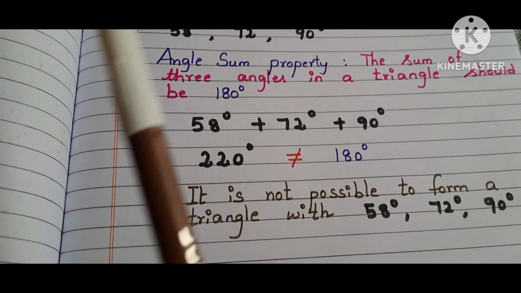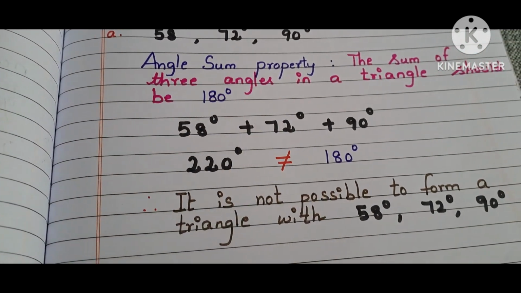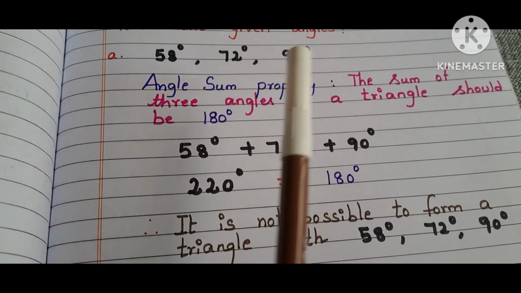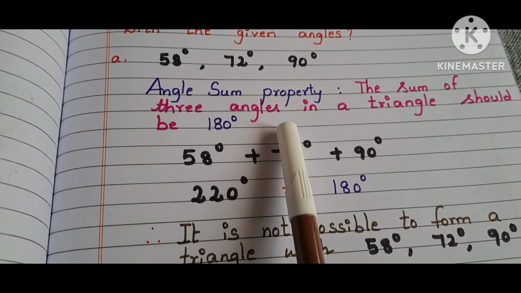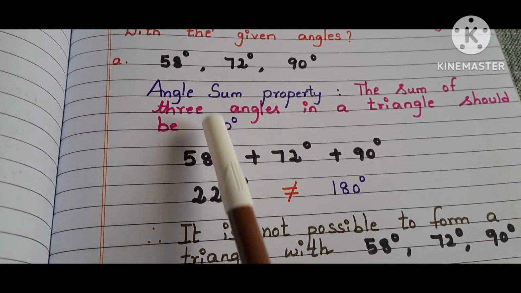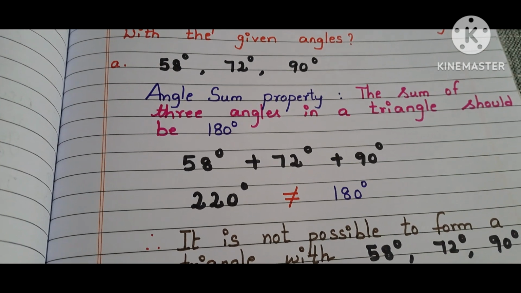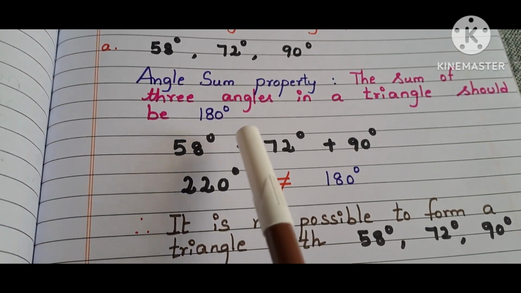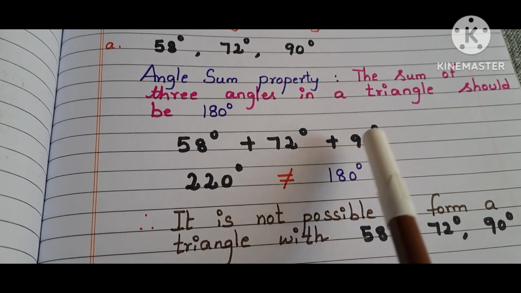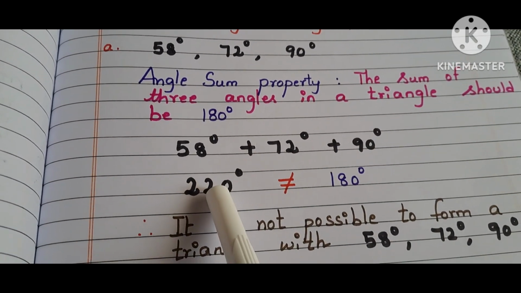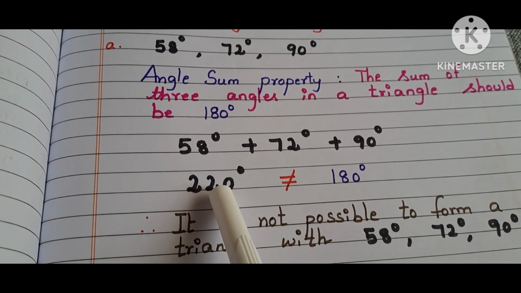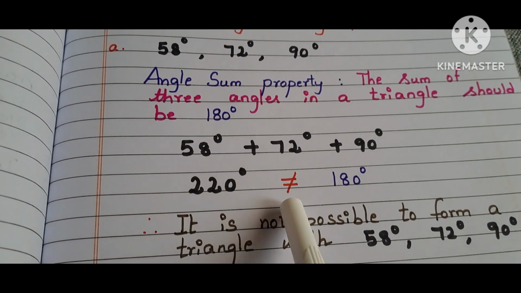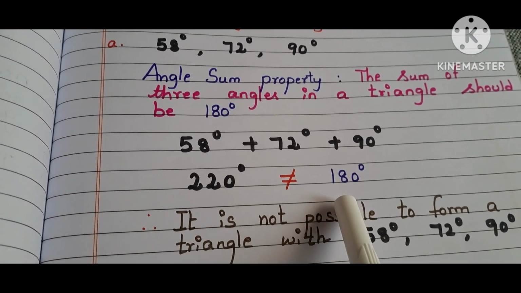Now use the angle sum property of the triangle. What is that? The sum of three angles in a triangle should be 180 degrees. Now take the angles and add them. 58 degrees plus 72 degrees plus 90 degrees is equal to 220 degrees, and that is not equal to 180 degrees.